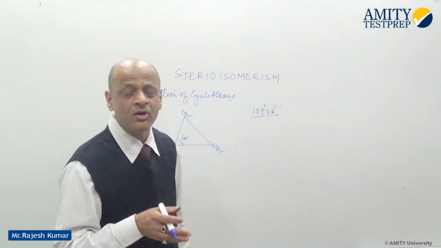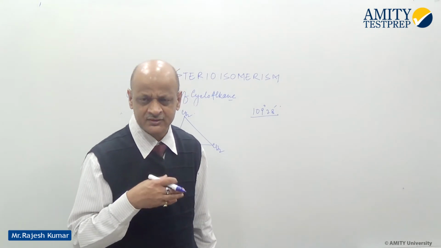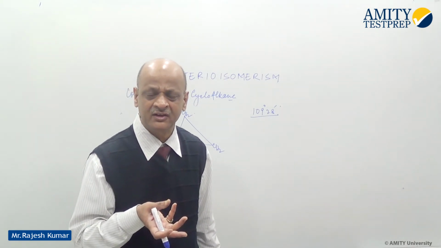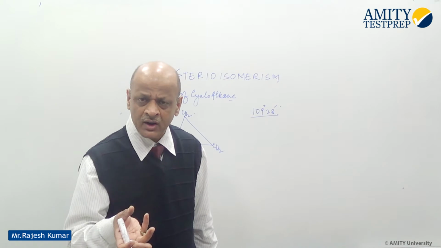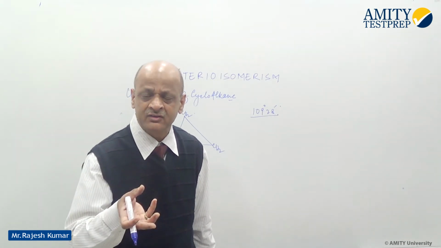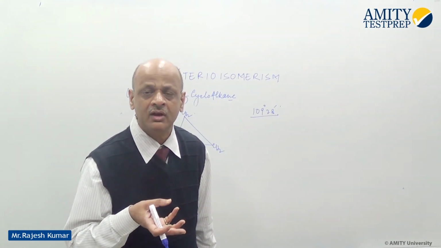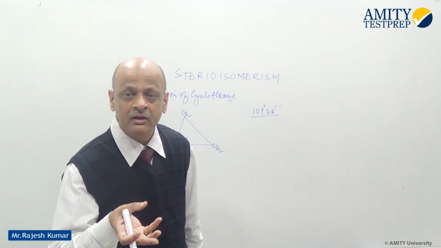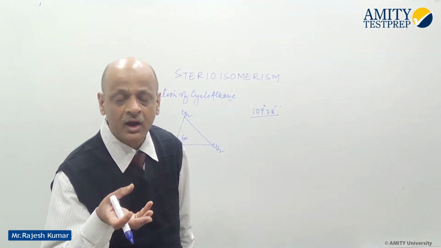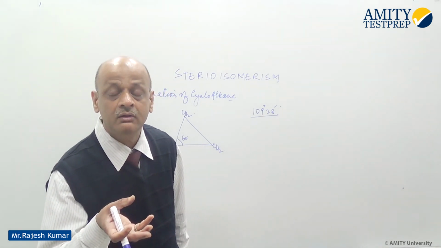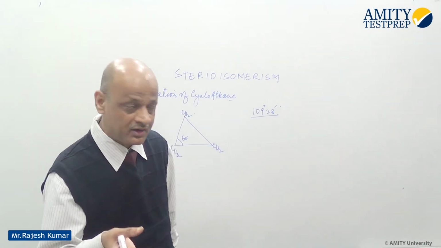But as the size of the ring increases, the bond angle increases, so it will try to achieve the bond angle that should be available in an sp3 hybridized carbon, that is 109 degrees.